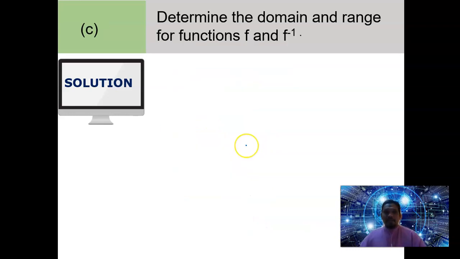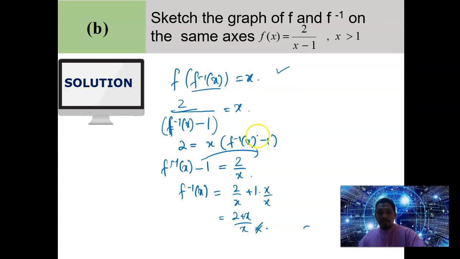Determine the domain and range of the function f(x). The question here: sketch the graph of f and its inverse on the same axis.